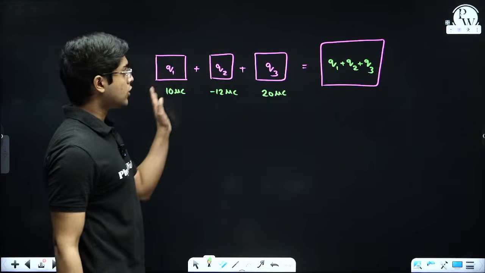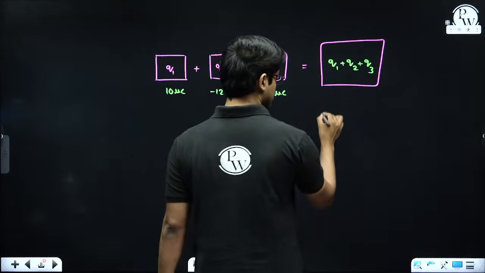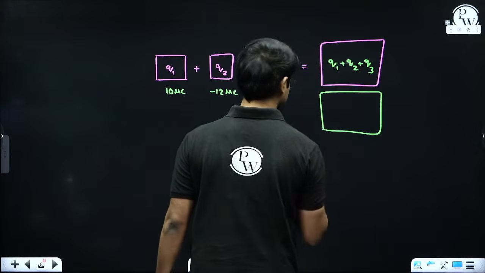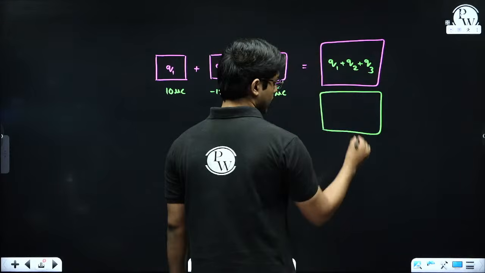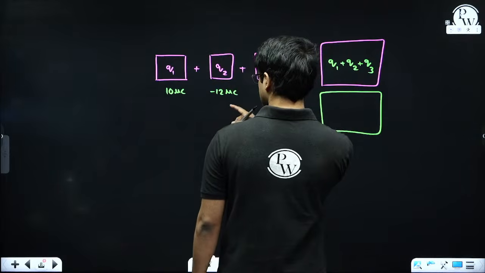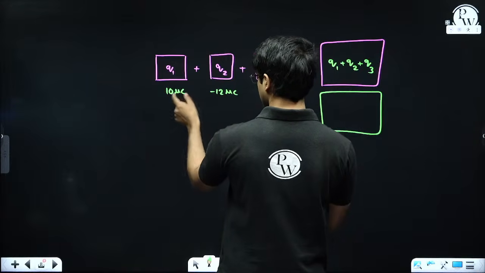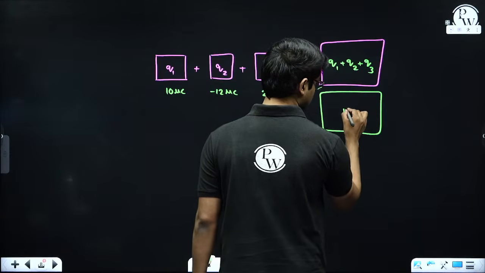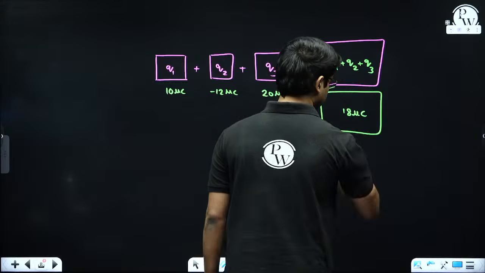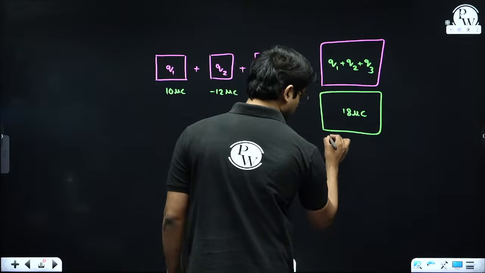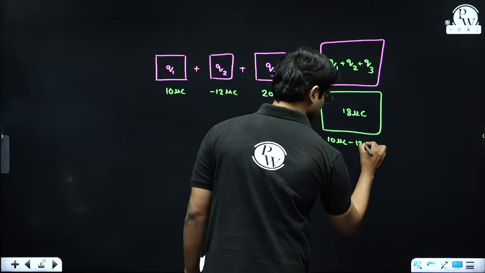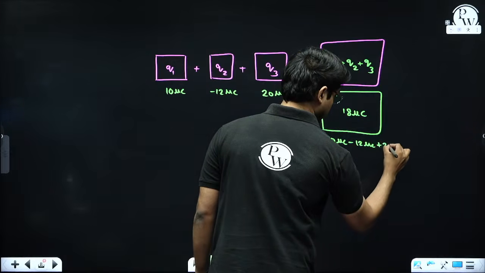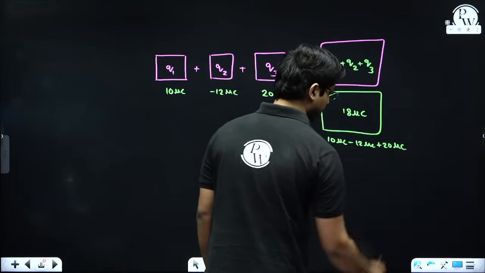What will be the total charge in the system? 10 plus 20 is 30, 30 minus 12 is 18. So 18 microcoulomb will be the final answer. And how did I do it? 10 minus 12 plus 20. You basically add them up like numbers.